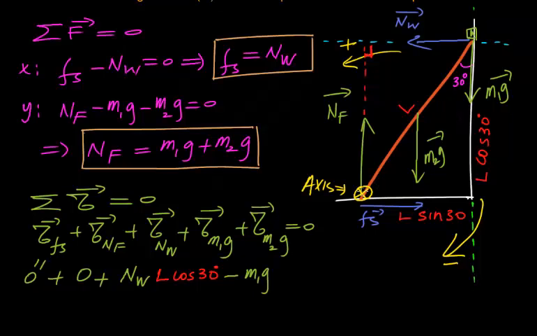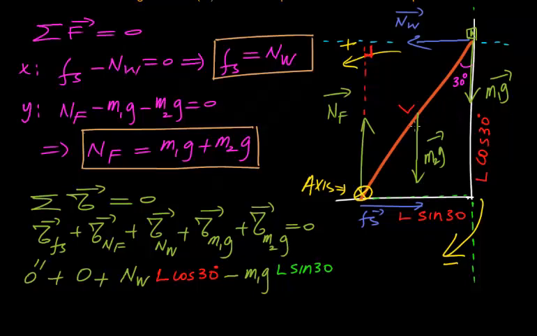The shortest distance from the axis to this line of action is L sine theta. It's this quantity here. So the torque is going to be M1G times the lever arm, which is L sine 30.